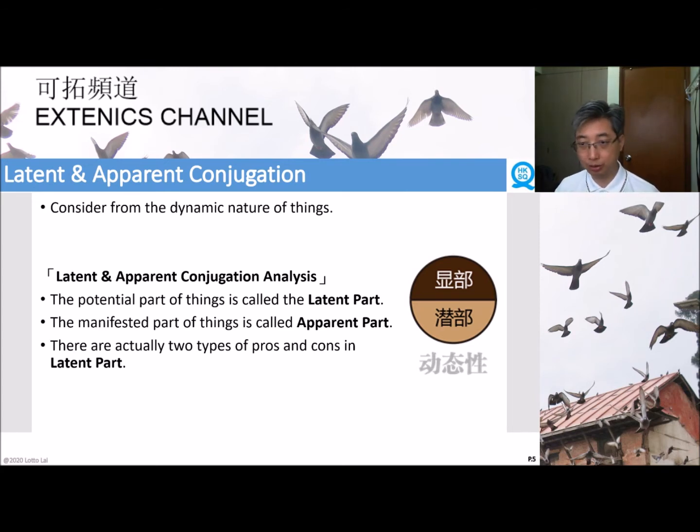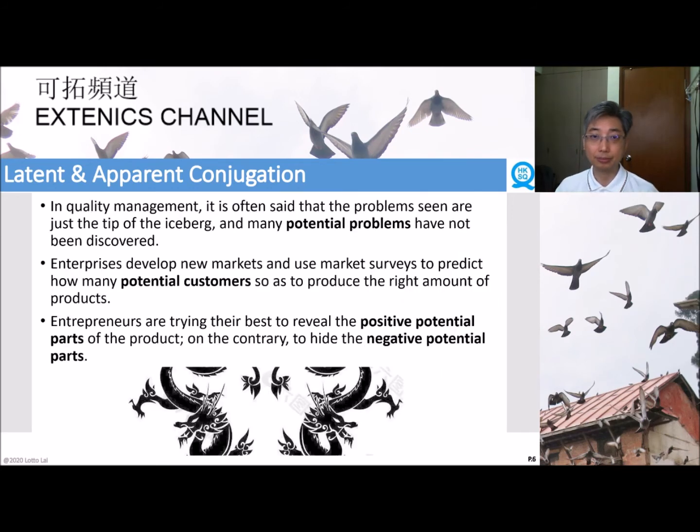There actually are two types of latent part after it occurs, meaning positive or negative after it becomes apparent. In quality management, it is often said the problem seems to be just the tip of the iceberg, and many potential problems have not been discovered.